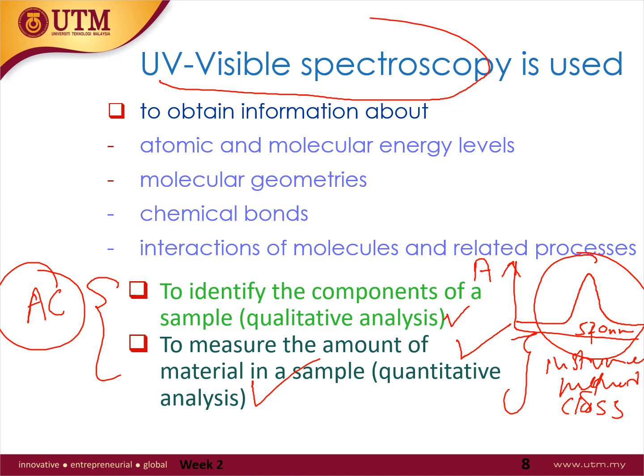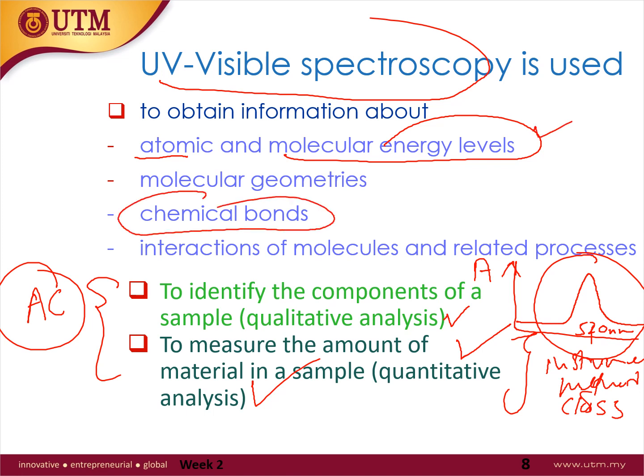But what if during PSM later, or when you work later, you are in inorganic analysis? You can still use UV-VIS spectroscopy to obtain information about atomic and molecular energy levels. Remember our Jablonski diagram that we discussed before? You can use this, and then we can understand the chemical bonding.